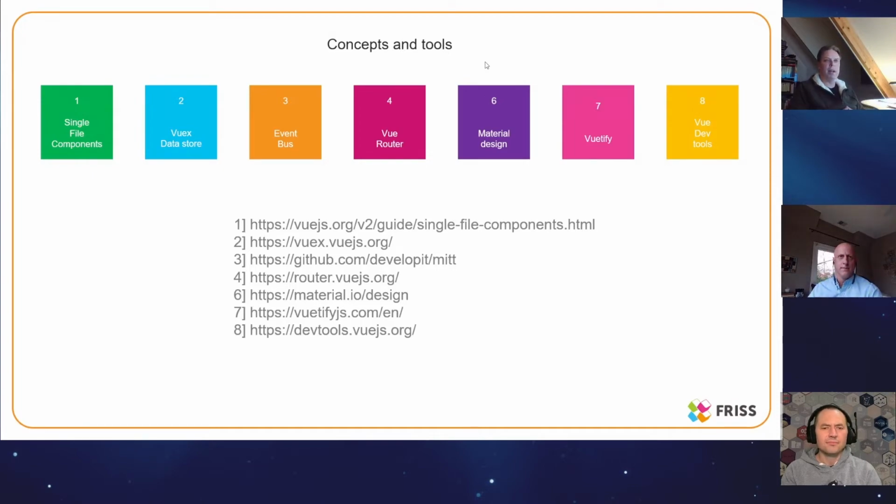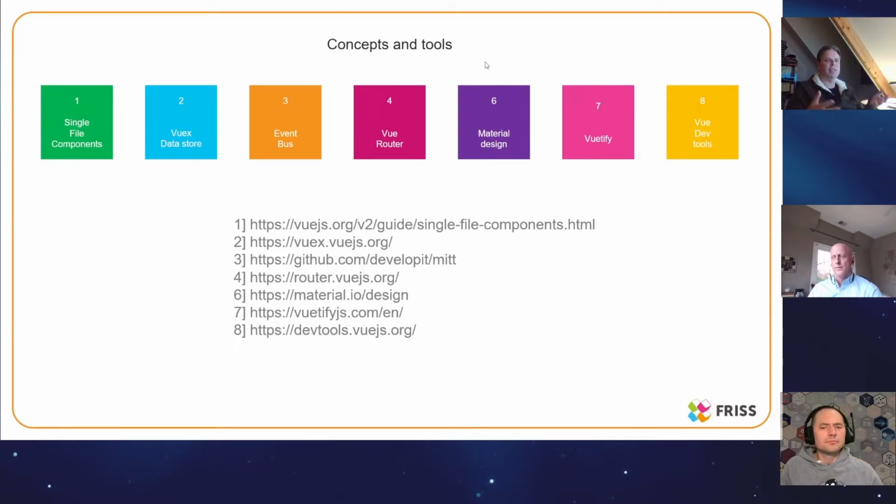People should read a little bit on how that works, but the Vuex store in Vue is very easy to use, I would say. Event bus, Vue router, which is sort of changing what is actually on screen. Material design, which is a great set of options created by Google. Vuetify, which is the implementation of the material specification.